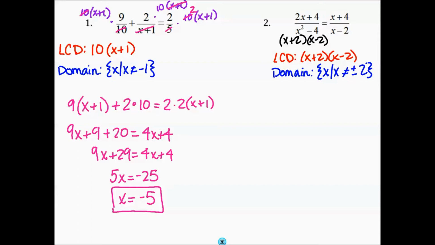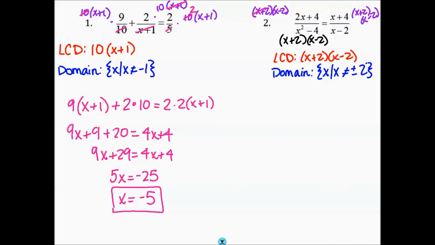So now we need to multiply our equation by the LCD. Then our denominators should cancel.